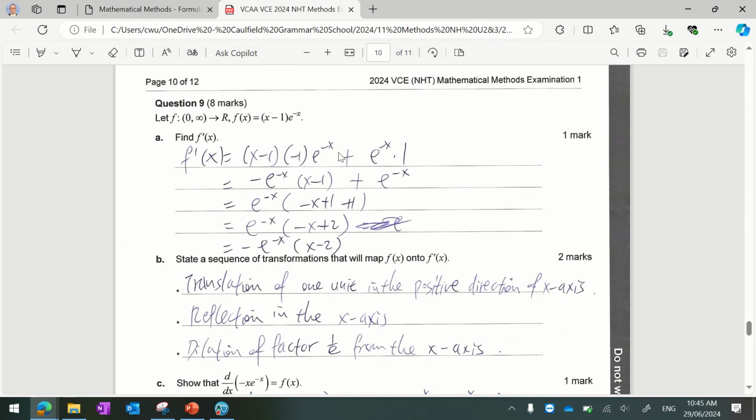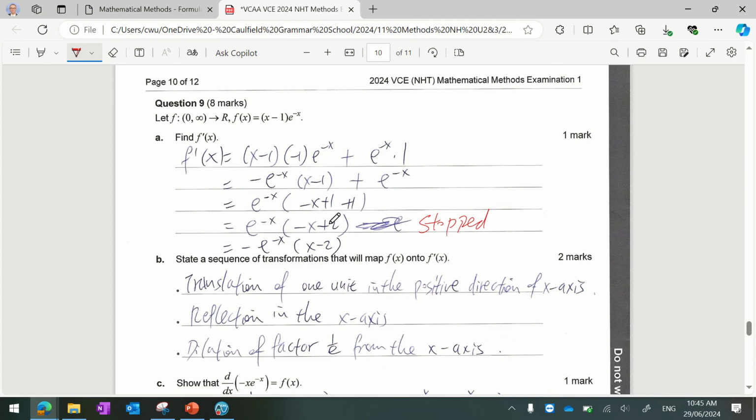When I did question A, the first step is just following the formula for product rule. I got that. And then I actually stopped here. Right? So when I first did question A, I stopped on this step here because that is the answer, right?